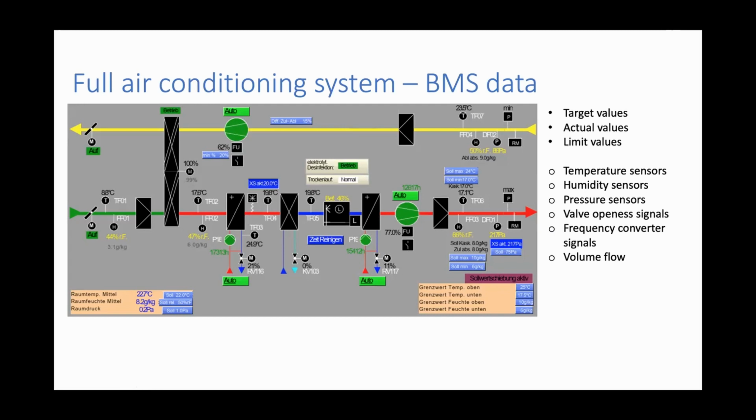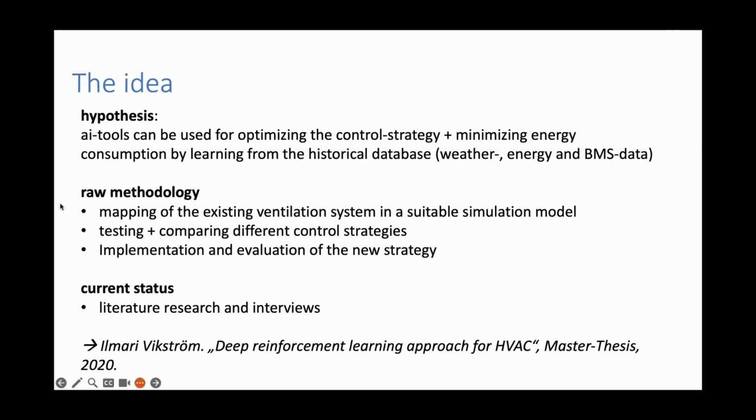They just let the plant do its job, and it leads to a lot of energy consumption. I think nowadays we have some more tools, maybe to make it more efficient with AI tools. That's the main idea, that AI tools can be used for optimizing the control strategy and to minimize the energy consumption.